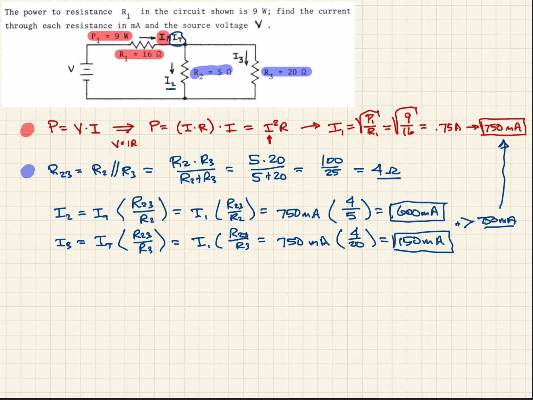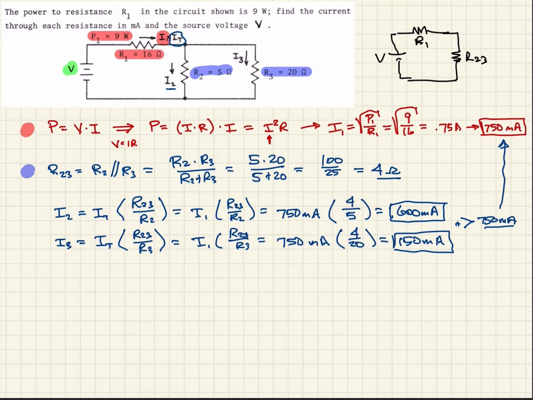Okay, so finally, we want to calculate what this voltage is. We need to recall now that we have R1, which is here, and we said we could replace those two resistors with a single resistor, which we called R23, and that's coming back to our voltage source, V. Using that, we can come up with an R total.